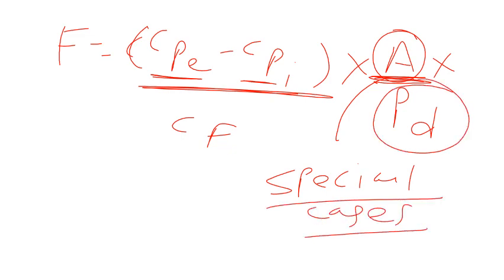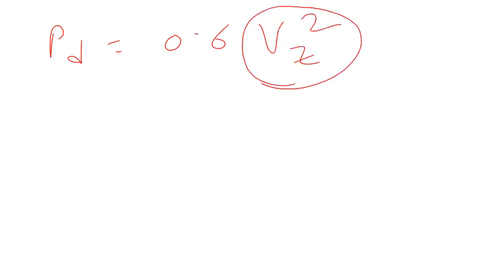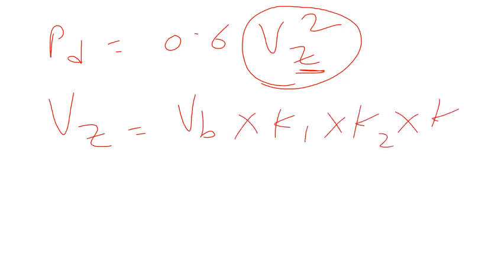Then PD is called the design wind pressure. Now see how to find out the PD. PD is equal to 0.6 Vz square. So Vz is the velocity of the wind at height z. Then how to calculate Vz? Vz will be equal to Vb, that is the basic wind speed, into all these three correction factors, that is K1, K2 and K3. K1 is the risk factor, K2 is the terrain height structure size factor, and K3 is the topography factor.